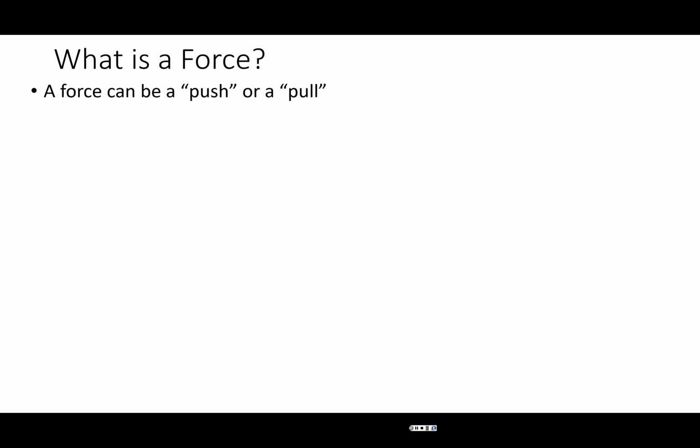What if I try to do this? Why doesn't that go with the same force? What's wrong with that? The friction, yeah. So we have force of friction, force of gravity, a push force, a pull force.